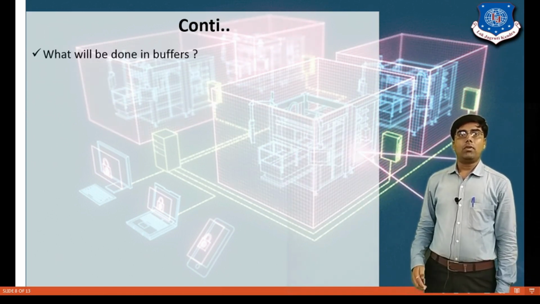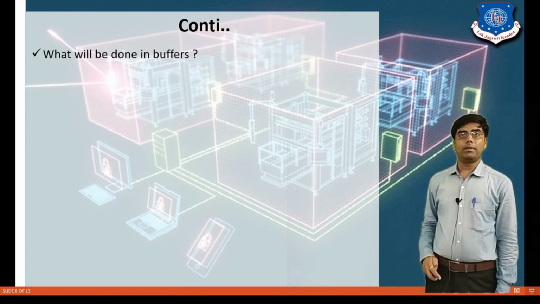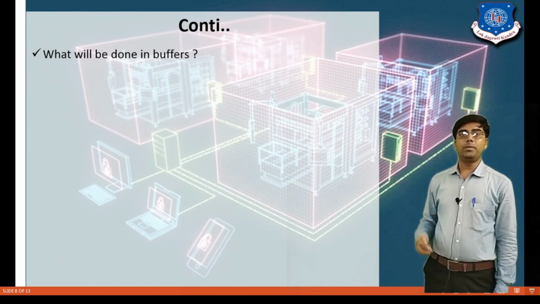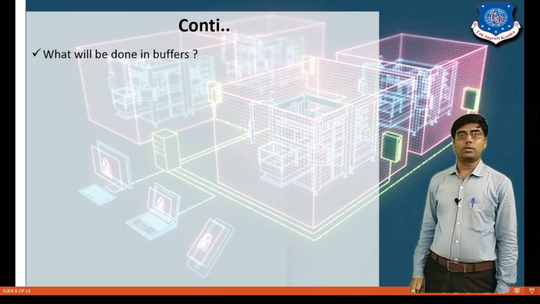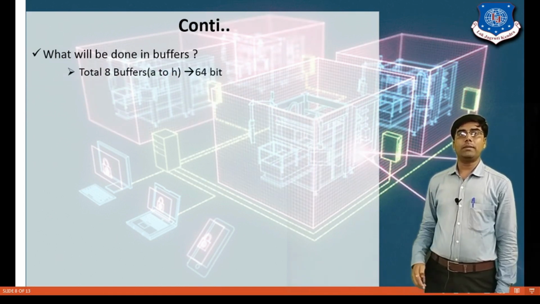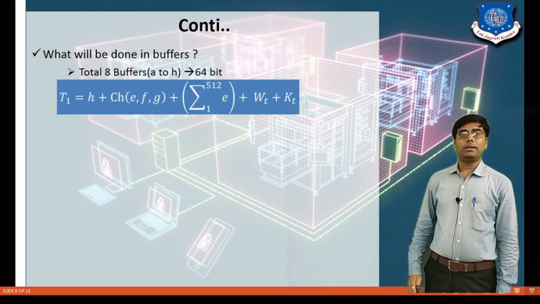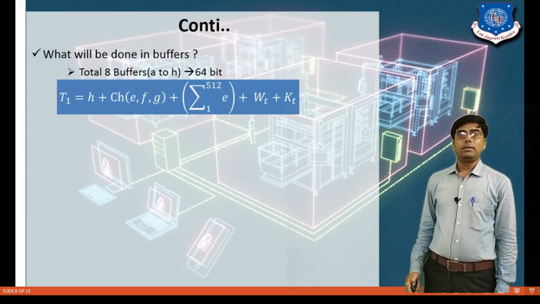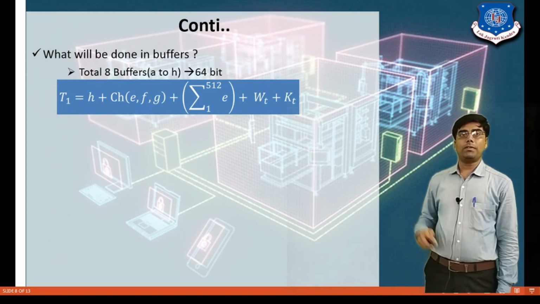And next, what is done in a buffer? We have already seen that the buffer is one of the inputs to the round. As you know, there are a total of 8 buffers, A to H, A B C D E F G H, and each buffer is 64 bits. Here is the formula for how to use all the buffers.